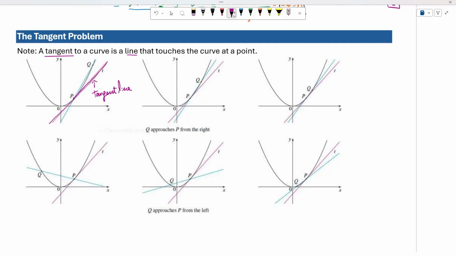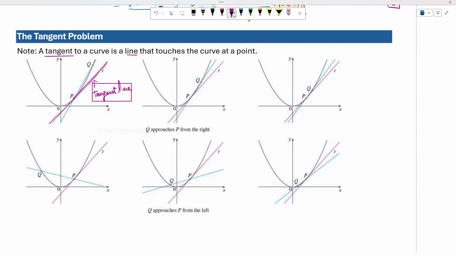A lot of problems later on will ask us to find the equation of the tangent line. First of all, I would like to see how we actually find the slope of the tangent line.